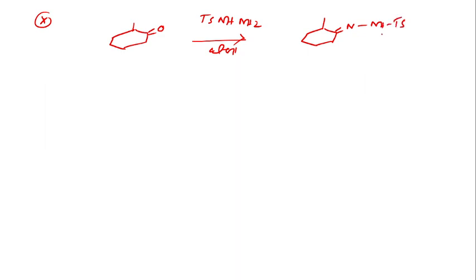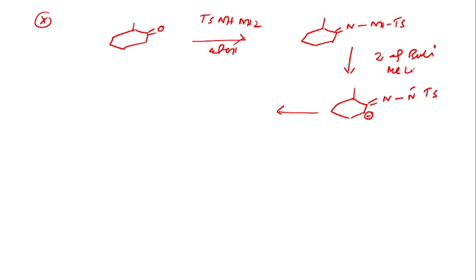I have explained this earlier. Now if I use two equivalents of butyl lithium, this is double bond N and this is N minus, and the negative charge is on the same side, with the methyl group here. And in the result we are getting, they have used methyl lithium. Methyl lithium is also a base.